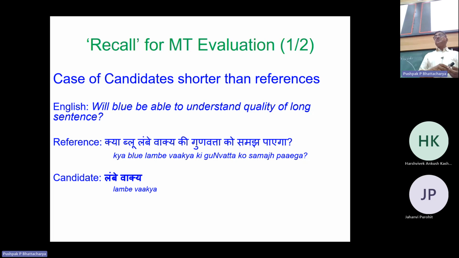Now, the candidate translation which is produced is just lambe vakya. If you capture just 1 or 2 words from the reference translation, then you will get very high precision for all n-grams. And it will give an impression that your translation is very good. So the translation is good in parts, but it doesn't capture the whole meaning of the sentence. So the adequacy score would be very low.